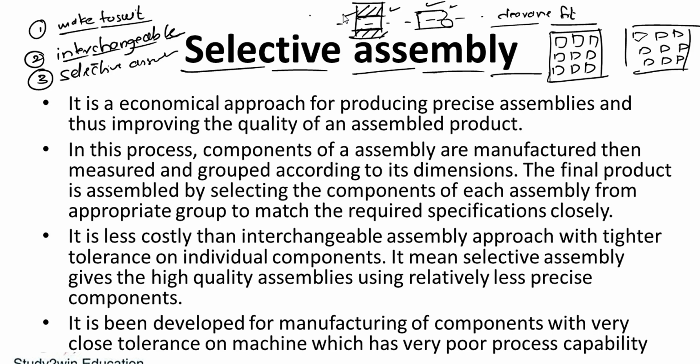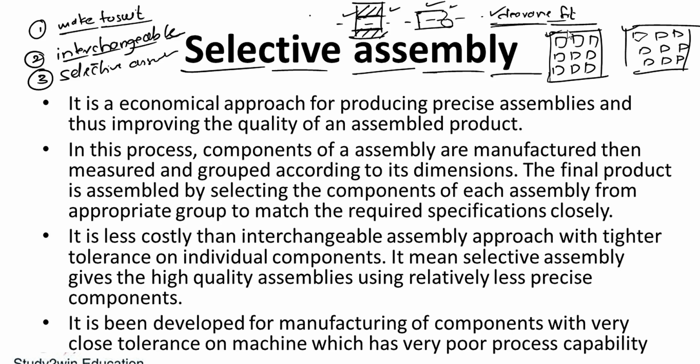There is some tolerance given on the hole and there is some tolerance given on the shaft, and all these parts are matching those tolerances, and those tolerances are designed to get a particular type of fit, whatever it may be, clearance or interference. Those tolerances are given in such a way that when they get assembled, the required kind of fit will be achieved.